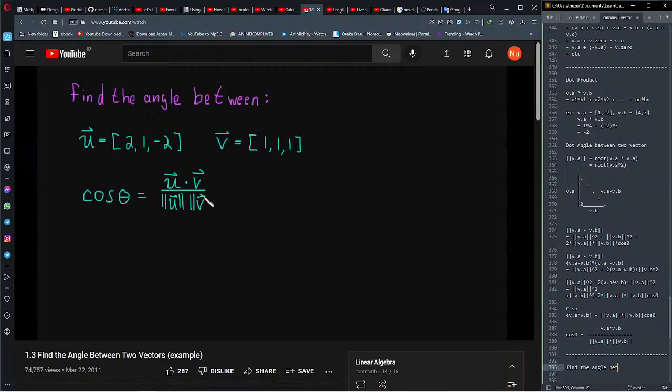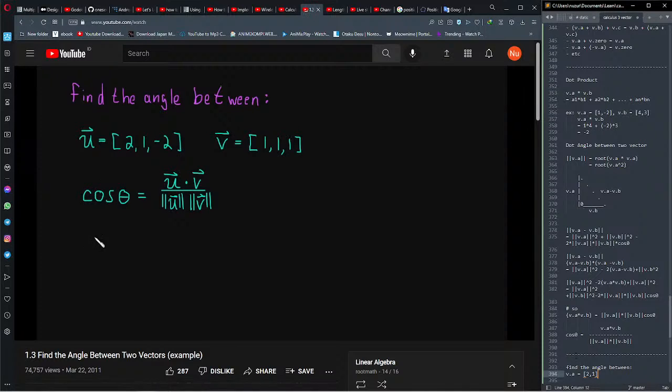So if we want to find the angle between two vectors, we have to do just a few computations. We have to find the dot product, and then we have to find the length of each vector.